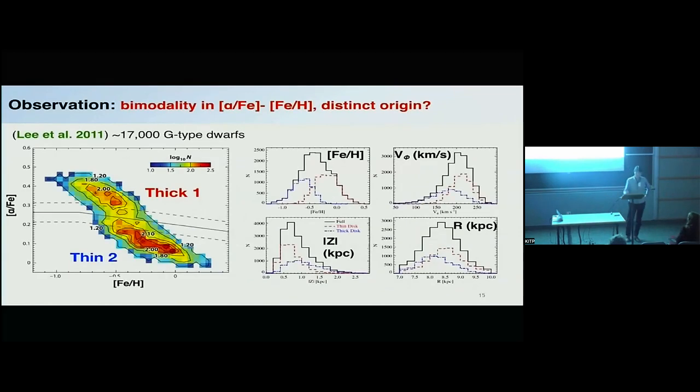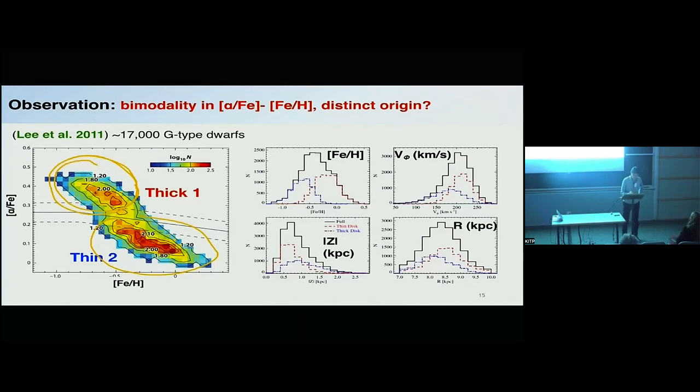And in parallel, observers using spectroscopic methods found that there is a sort of bimodal distribution in alpha over Fe among the disk stars. And then they interpreted that the high-alpha blob probably tells us about the thick disk. If you believe this, then the ratio between thin and thick is 2 to 1, not 6 to 1. So now we are puzzled.